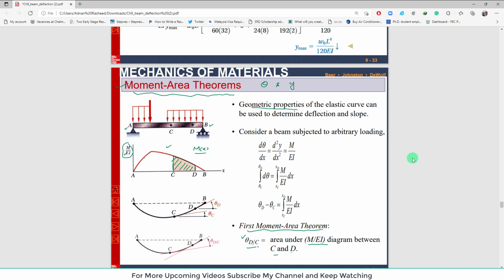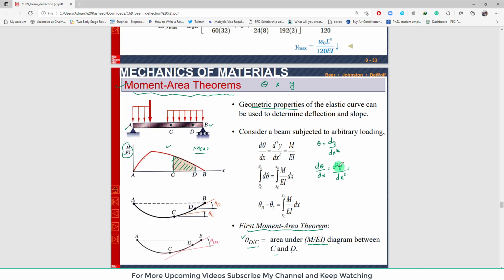Now if you recall from your previous knowledge, theta is equal to dy by dx. If you take the derivative of theta with respect to x, d theta over dx will become equal to d square y over dx square.